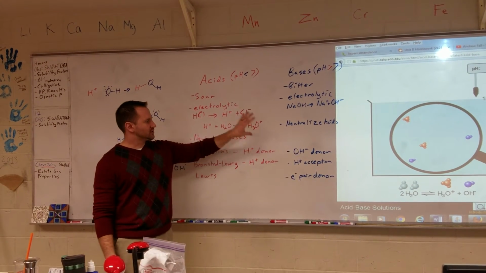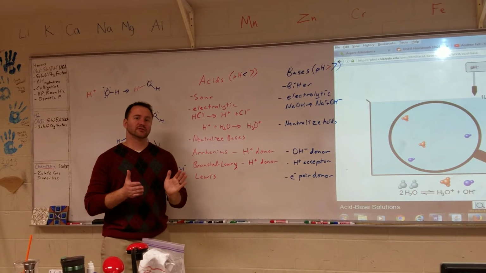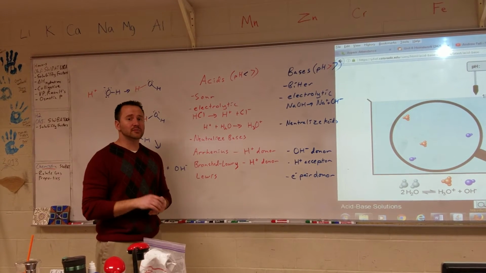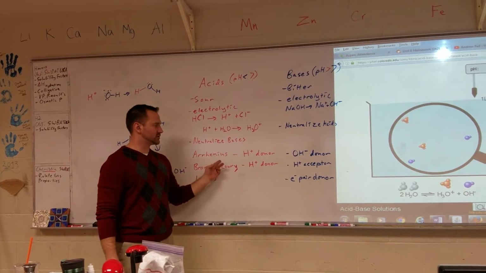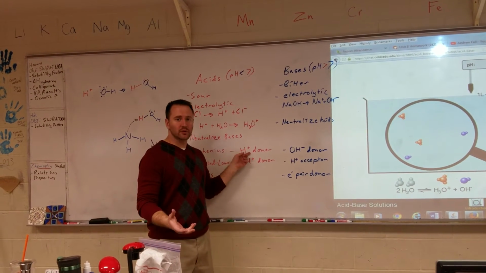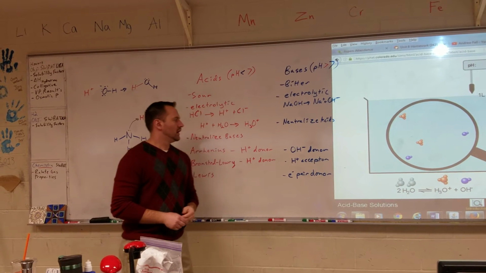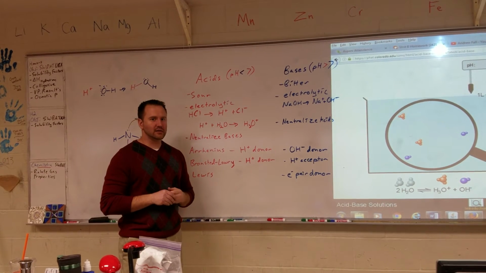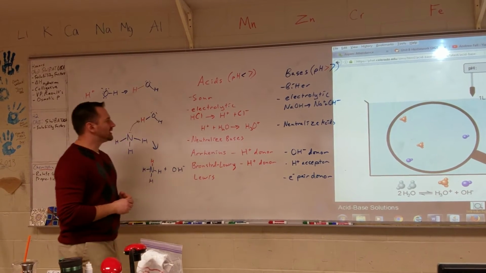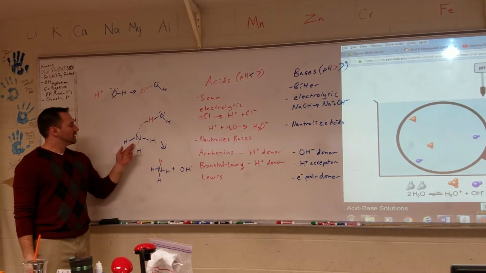Now, there are additional definitions for acids and bases other than just H+ and OH-. That's the most basic definition, the Arrhenius definition, where an acid is an H+ donor and bases are hydroxide donors. However, not all bases contain hydroxide. A common base we use all the time for cleaning is ammonia.